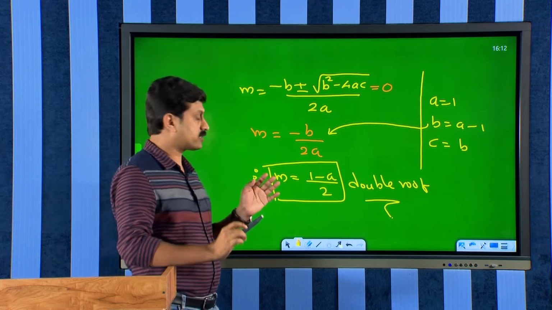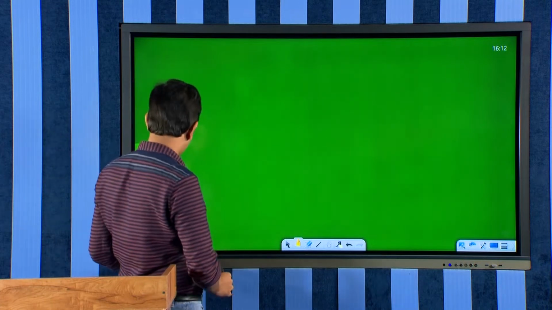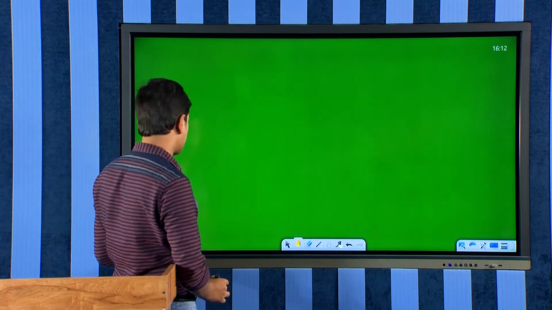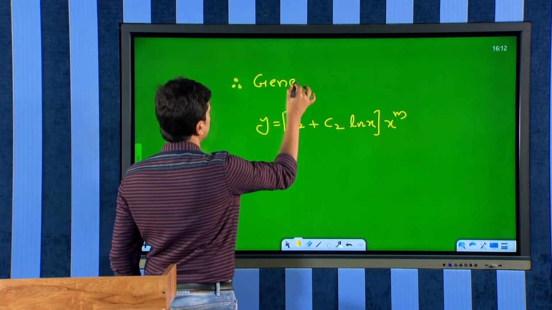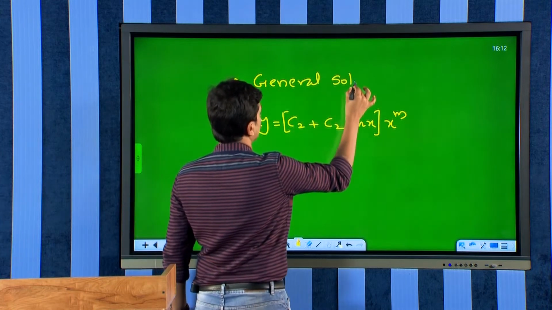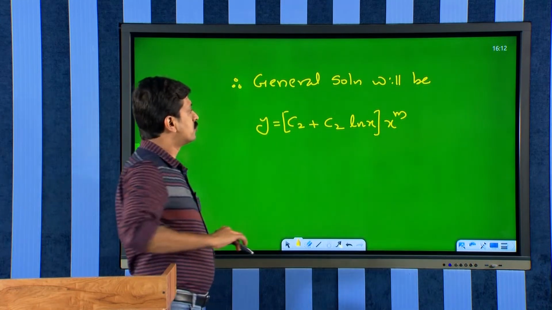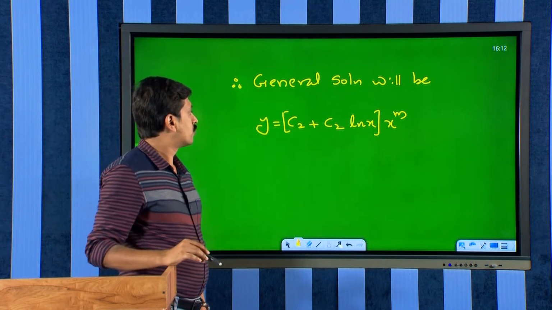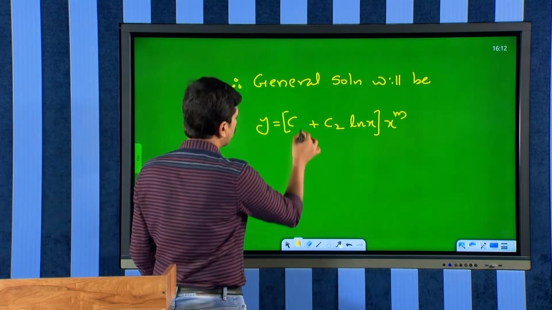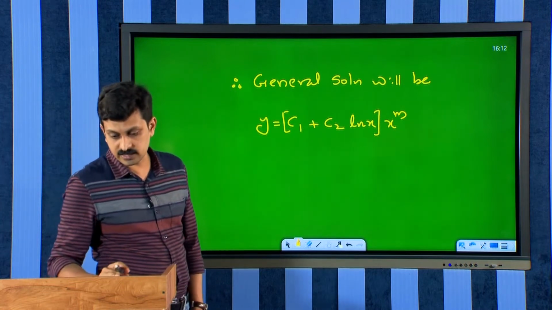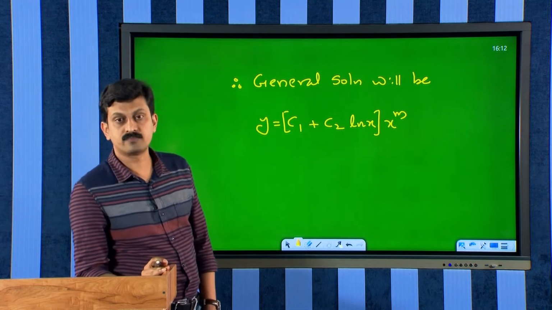If the auxiliary equation has a double root, then the general solution will be y is equal to (c1 plus c2 log x) into x raised to m.